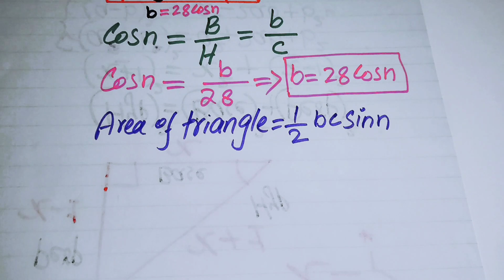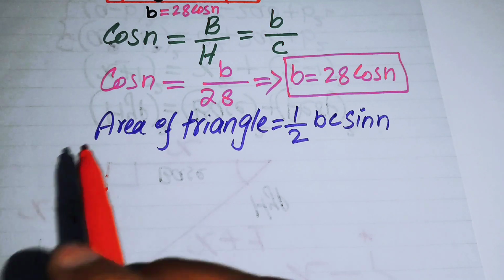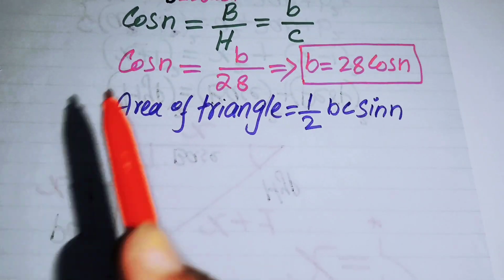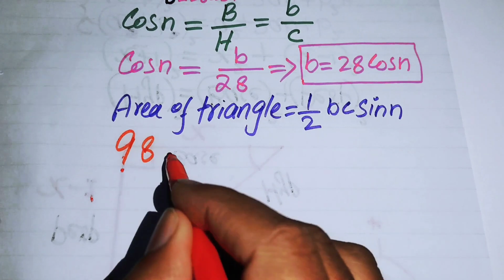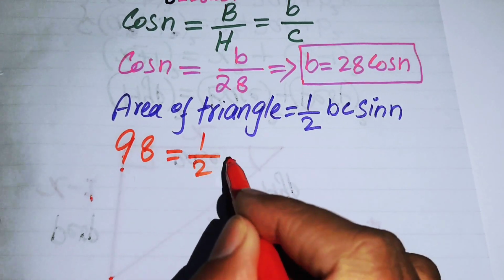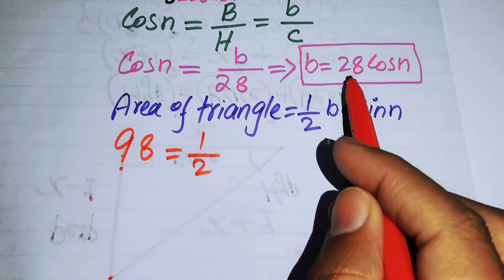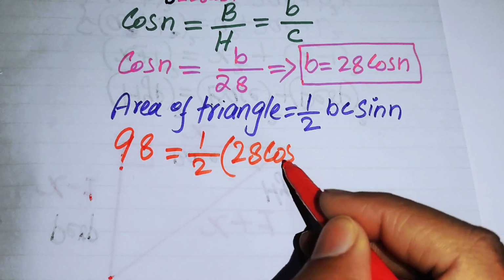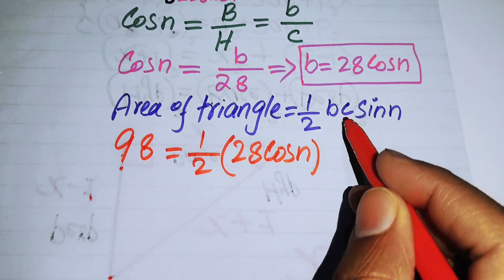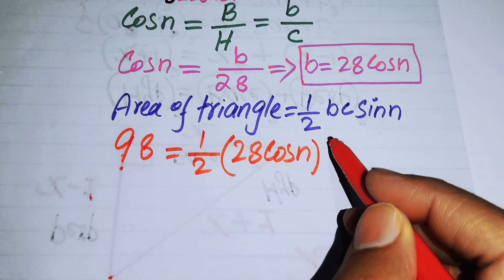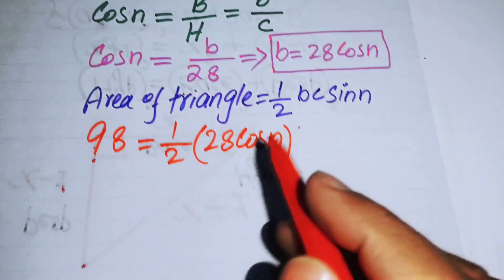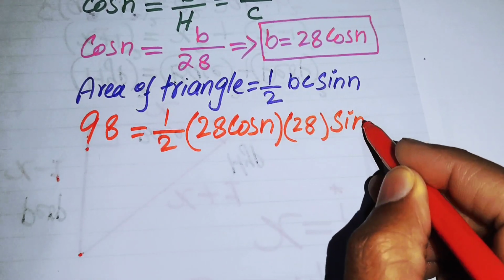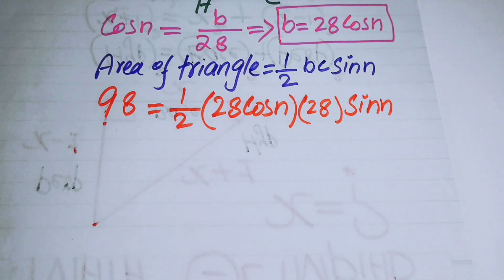Given that the area of the triangle is 98, we can put 98 equals 1 over 2 times bc, where the value of b is 28 times cos n and the value of c is again 28, and we have sine of the angle n.